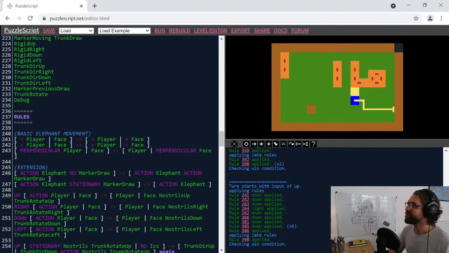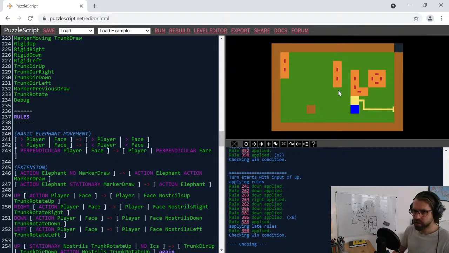No. If there's a trunk that turns. If there's a trunk going out to the sides, we stop. So that's the forward motion.